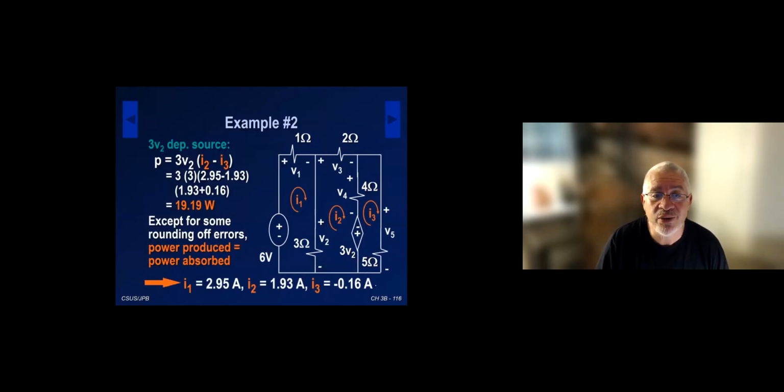So it's 3V2 times I2 minus I3. So you have to calculate V2 as well. V2 is the voltage across the 3 ohms. And you can see that the voltage across the 3 ohms is 3 times I1 minus I2, and then multiplied by the current I2 minus I3.